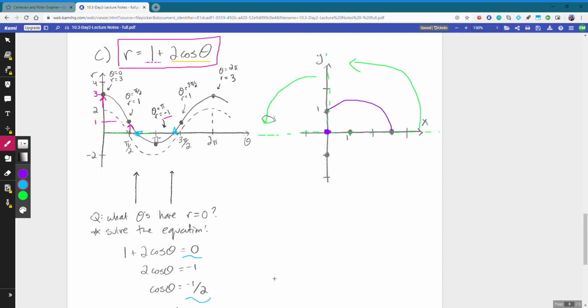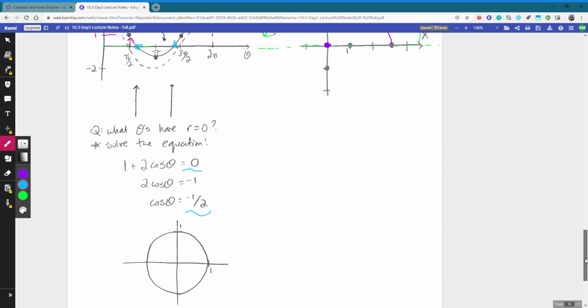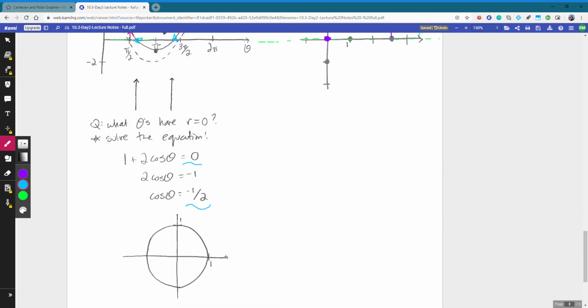And actually, we can now think about this geometrically. We're wanting to know the angles when cosine is -1/2. And so if we bust out our handy-dandy unit circle, cosine is -1/2, telling us that the x-coordinate on the unit circle is -1/2. And well, what angles does that happen at?